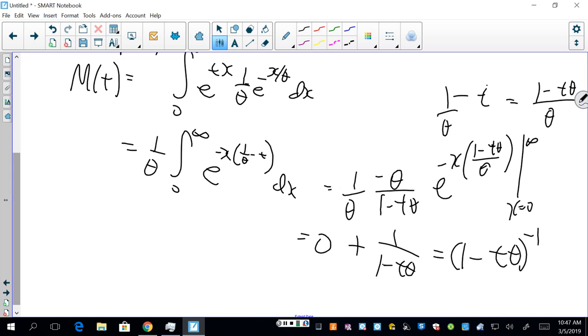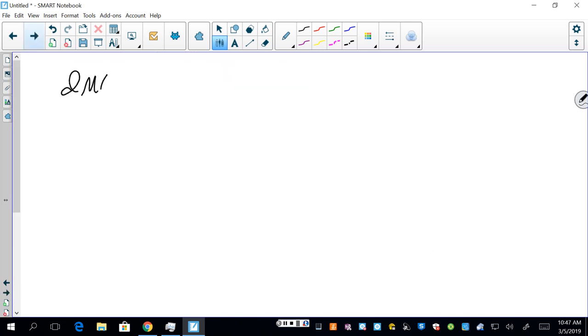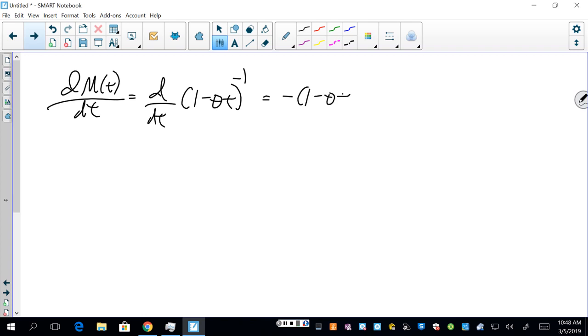So we can use this to check what the mean is or other moments. So we can differentiate this thing. We're differentiating (1 minus θt) to the negative 1. So we get a negative (1 minus θt) to the negative 2, and then a chain rule, there's a negative θ in there.